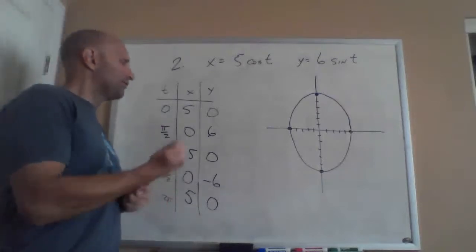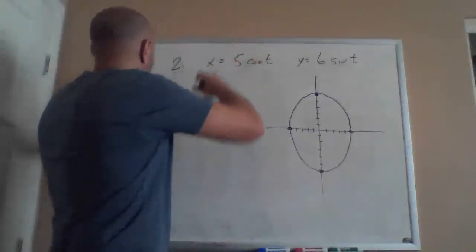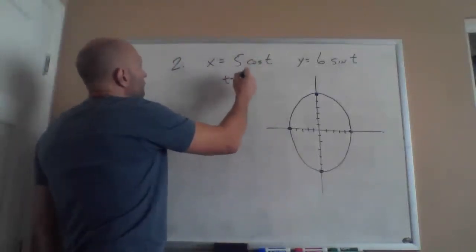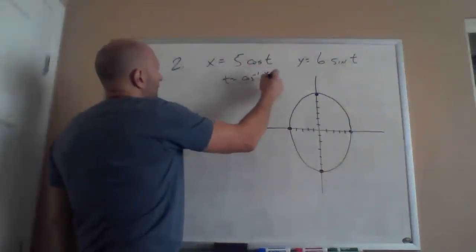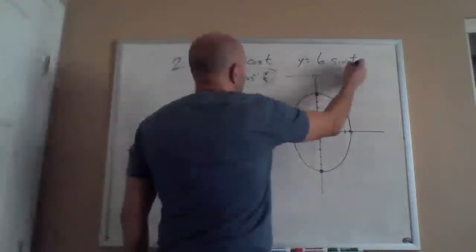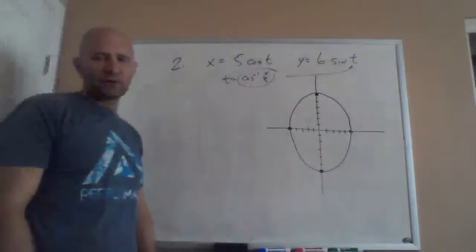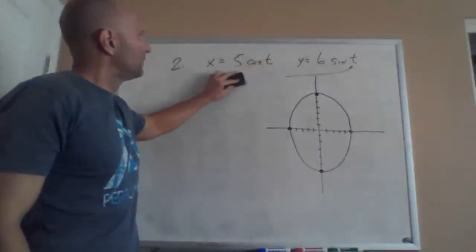All right, so now the conversion. So again, I can't just solve one of these for t and say, okay, t is equal to cosine inverse of x over 5. So now let me plug this into here. So y is equal to sine of cosine inverse of x over 5. That's a huge mess. That's not what we're going to do.